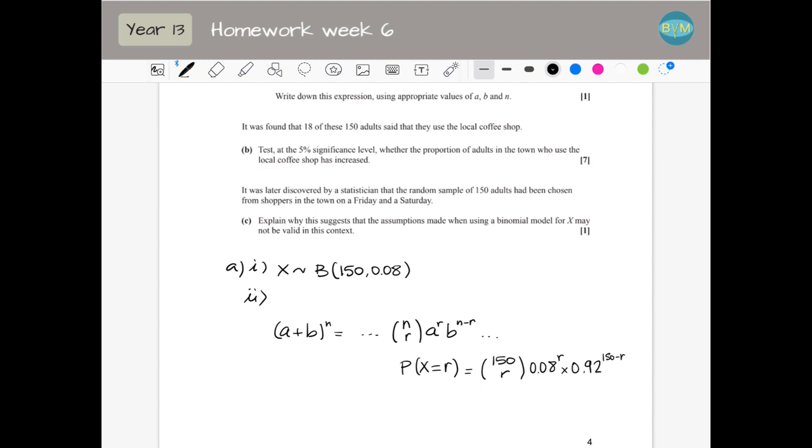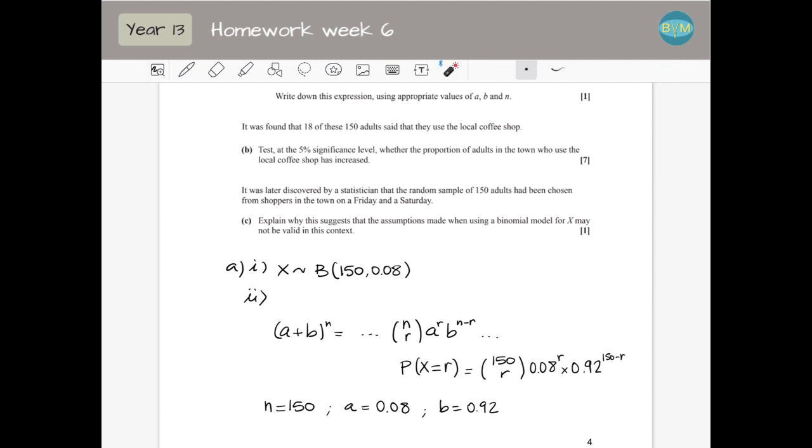So n is 150, and they are asking us to find n, r, a, and b. A would be the probability of success, which is 0.08, and b would be the probability of failure, which is 0.92.